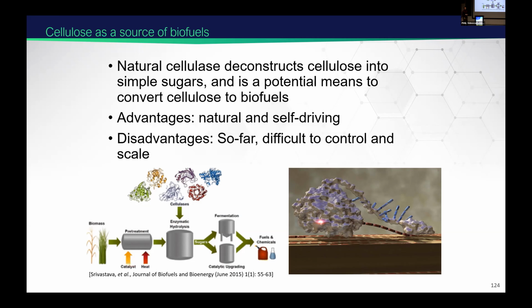There are a lot of limiting factors, requiring high enzyme doses to get a usable amount of fuel, and the reaction rates tail off pretty quickly. So we want to understand, from a nanoscale perspective, what's limiting this, and what steps could be improved upon.